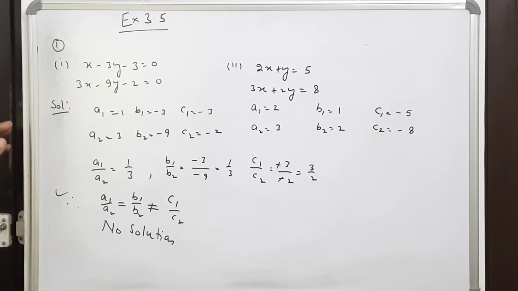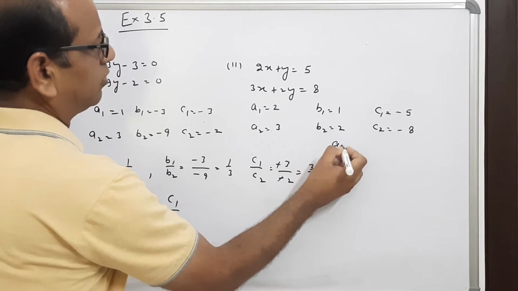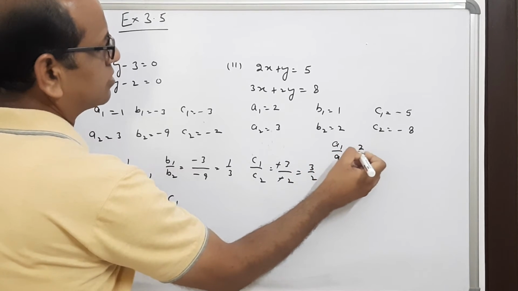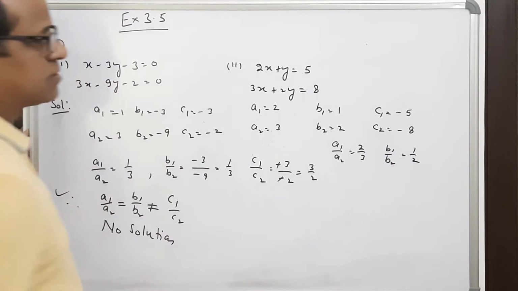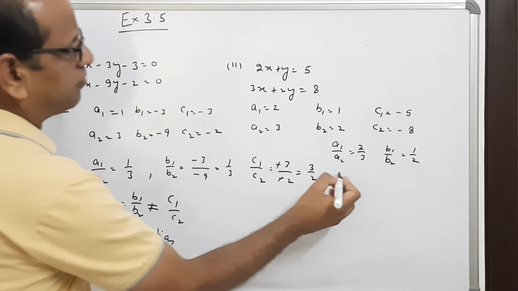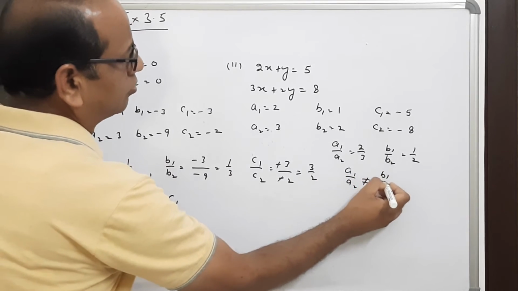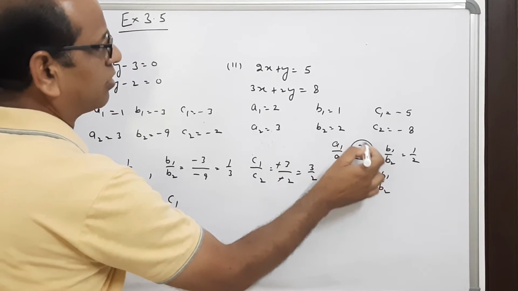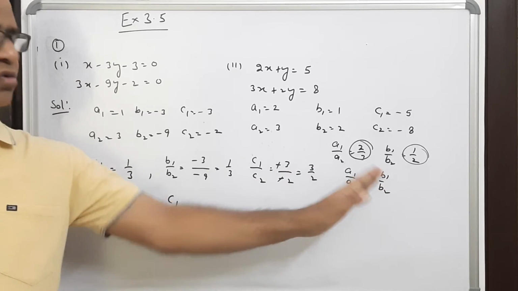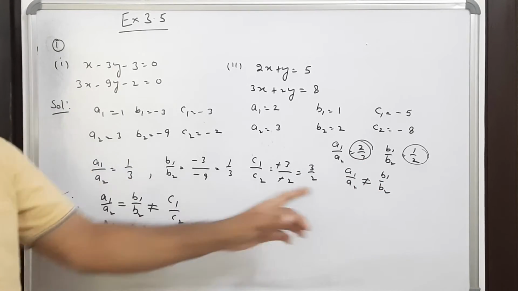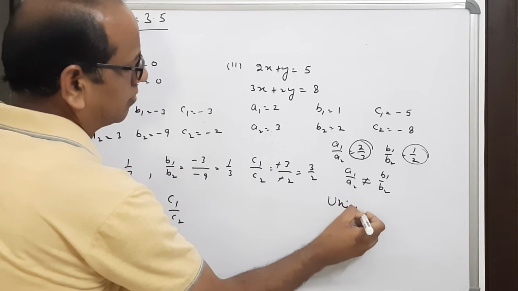Now we observe here, A1 upon A2 is 2 by 3 and B1 upon B2 is 1 by 2. So A1 upon A2 is not equal to B1 upon B2, because these two quantities are not equal. When these two are not equal, we say that the system has a unique solution.